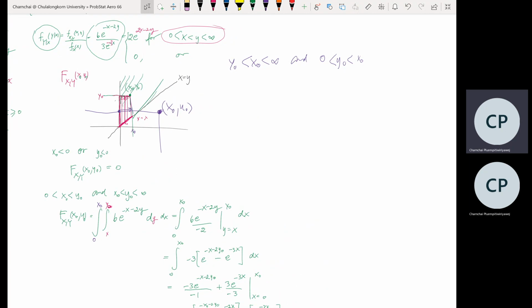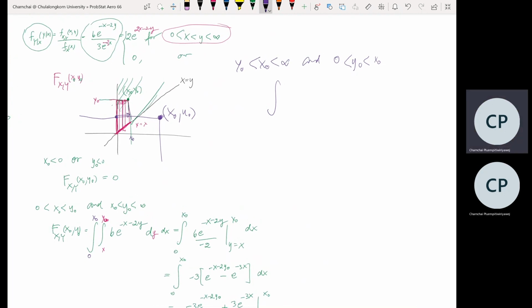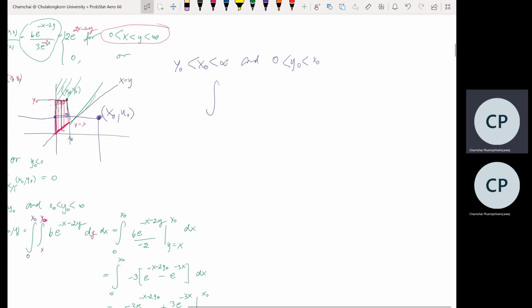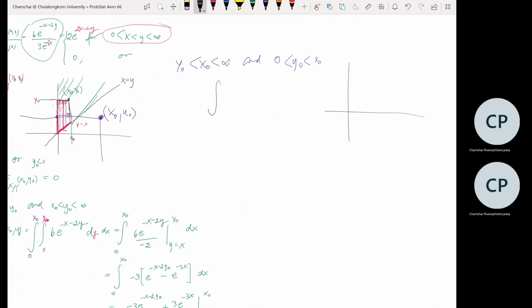Okay. So over here, how would you integrate? Okay, over here we need to integrate. Draw it again. We're gonna draw it again.